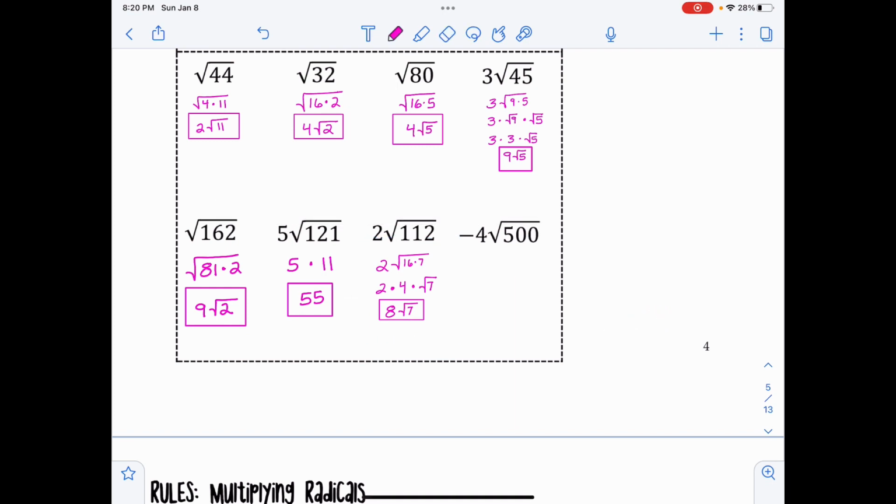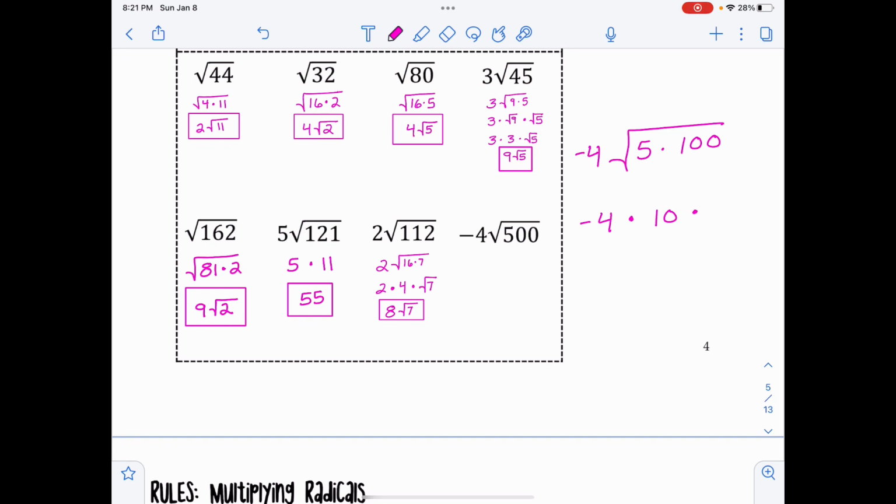And finally, I have negative 4 on the outside of my radical and the square root of 500, which should be pretty easy, right? 5 times 100. I know that 100 is a perfect square. So now I have negative 4. The square root of 100 is 10.